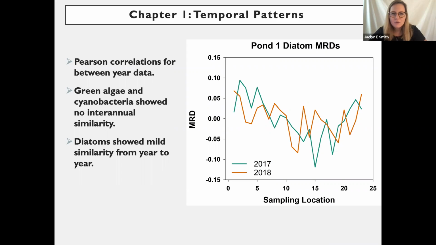Both ponds had an R squared of about 0.3, I believe it was. And while you can see they don't necessarily match up perfectly, there is a nice trend going on there. So for diatoms, in both ponds, there seemed to be a trend between years, but that was not seen with the green algae and cyanobacteria.